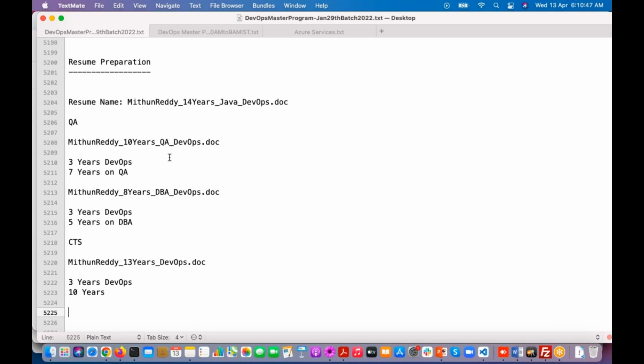After that, based on project requirements, I moved to the DevOps side. Still in my offer letter, it is Java developer only. So don't worry about those things. They are going to check your technical skills, whether you have DevOps skills or not.